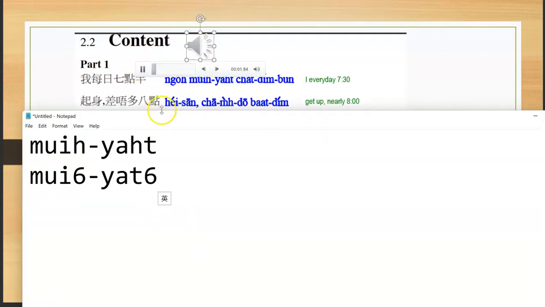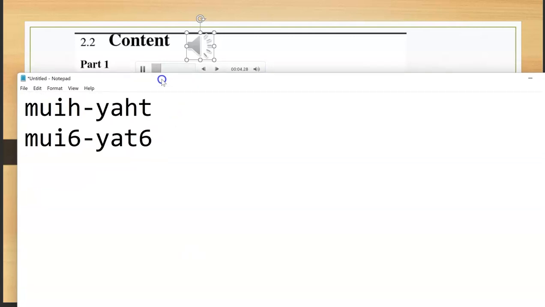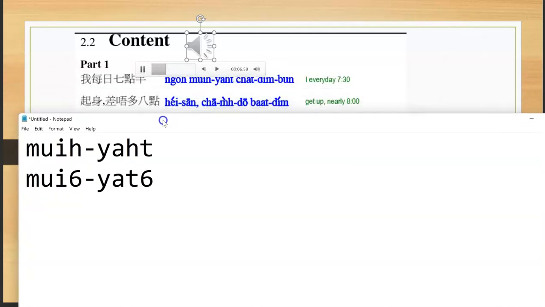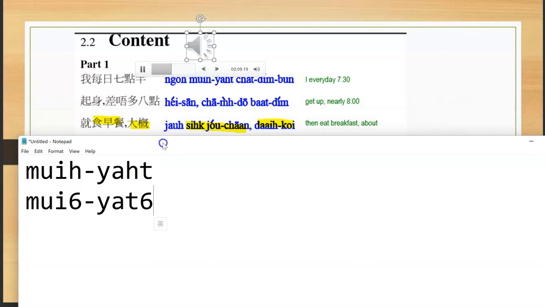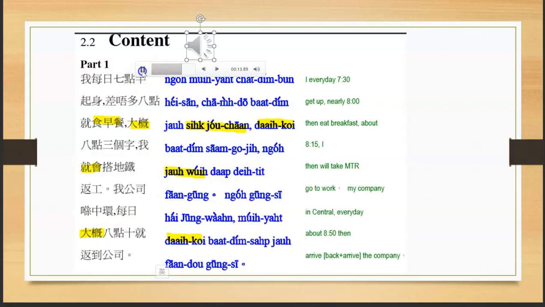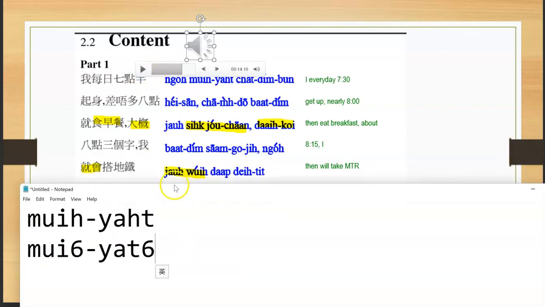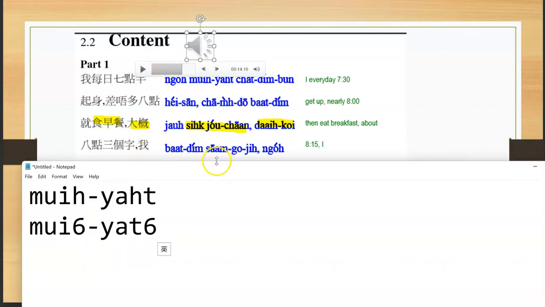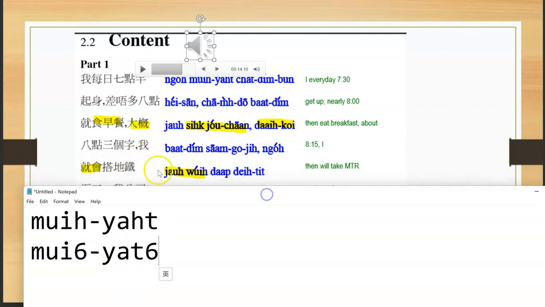Okay, 8:30, then I will take the metro. You can see there are two 就. So it's approaching, you're doing something next.